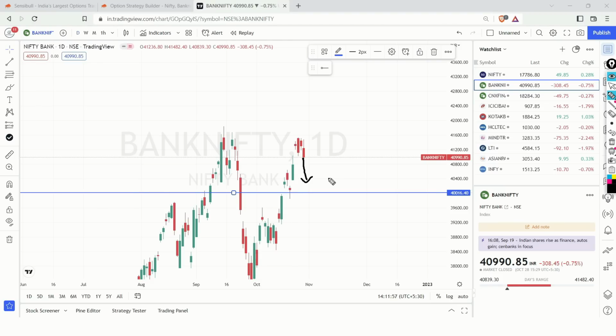Let's say today it goes down by 200 points, tomorrow also by 200, and the day after also by 200. So for 3 continuous days it has fallen 200, 200, 200, which is close to around 600 points, and let's say we end up around 40,400.